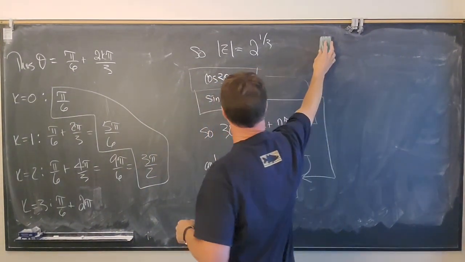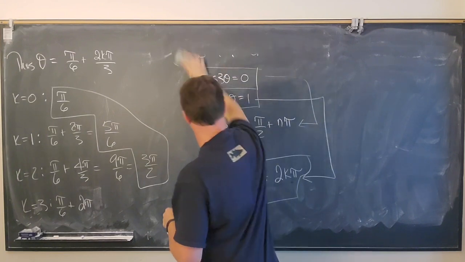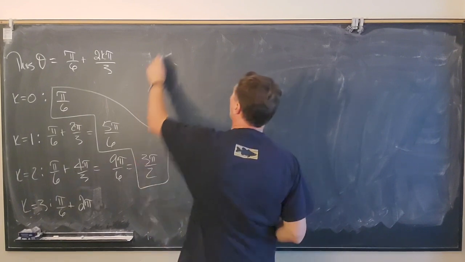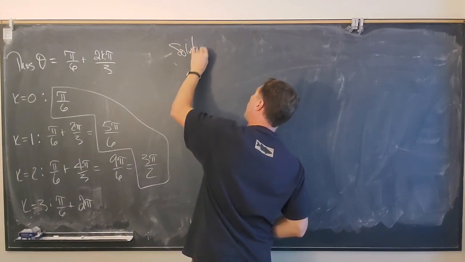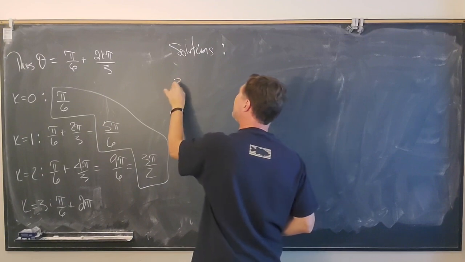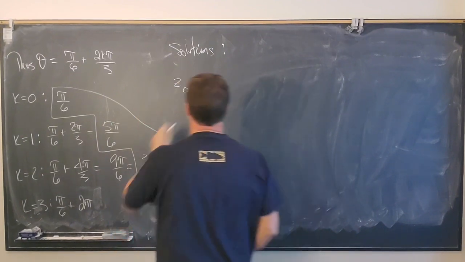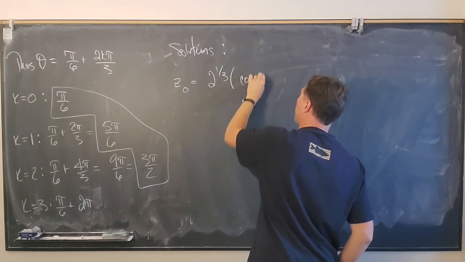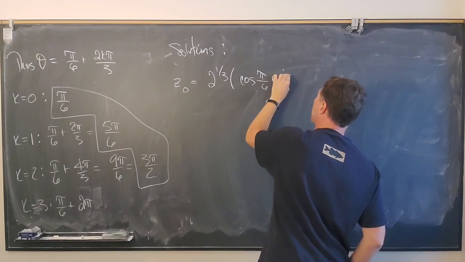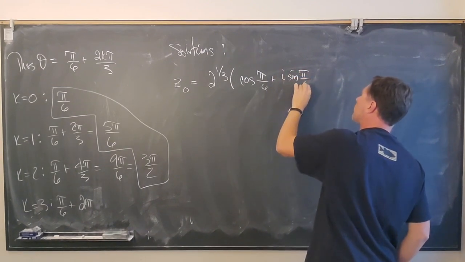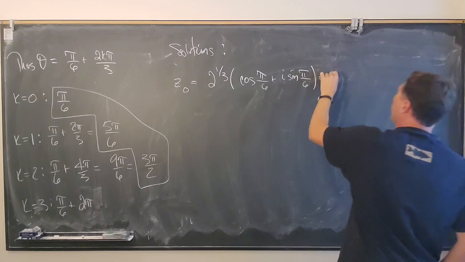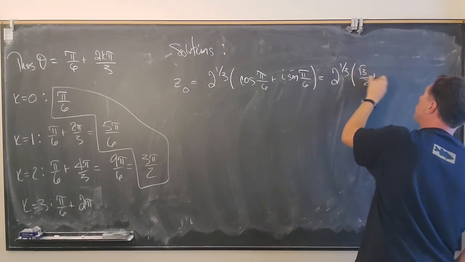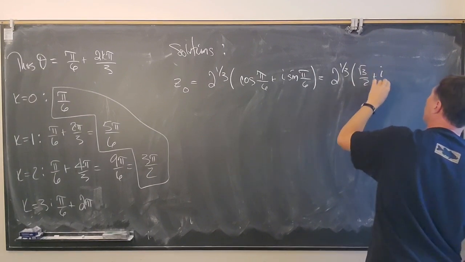So the solutions: Z0, let's call it, is 2 to the 1/3 times cosine pi over 6 plus i sine pi over 6, which is 2 to the 1/3 times root 3 over 2 plus i over 2.